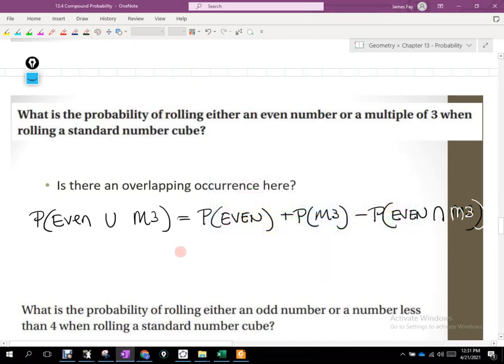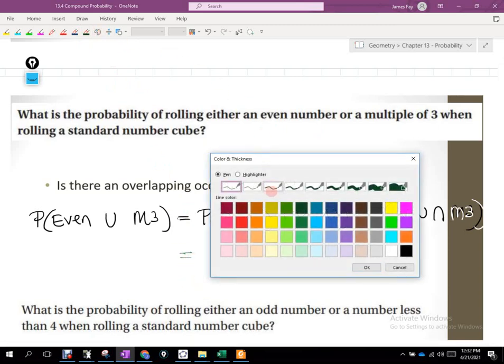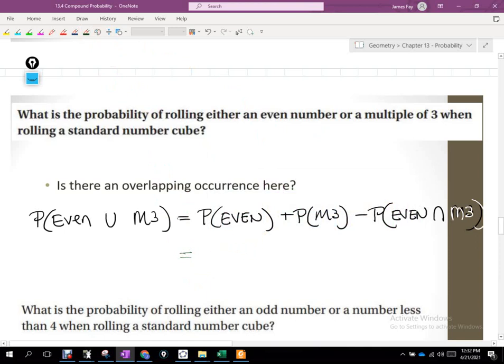What's the probability of rolling either an even number or a multiple of 3 when rolling a standard number cube? How many numbers are even on your number cube? 3: 2, 4, and 6, so 3 out of 6. How many are multiples of 3? 3 and 6.